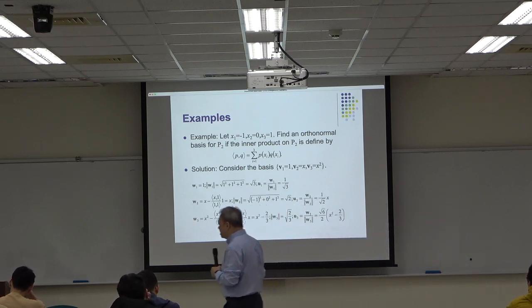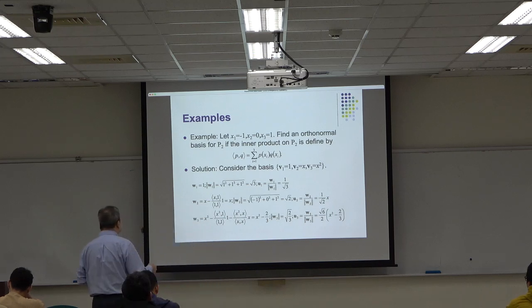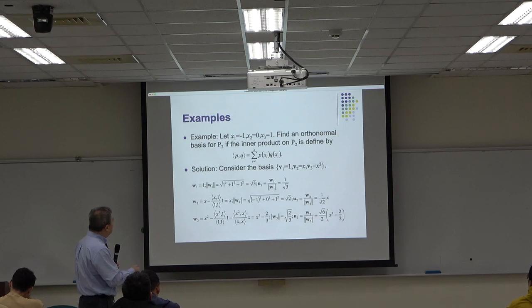So this is the Pn vector space. Let x1 be -1, x2 be 0, x3 be 1. Find an orthonormal basis for P2 if the inner product on P2 is defined like this.